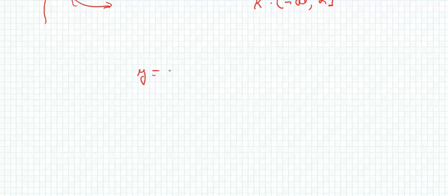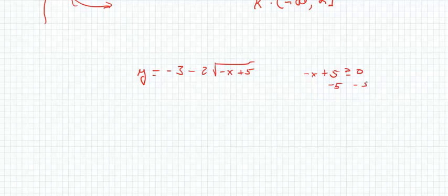Y equals negative 3 minus 2 times square root of negative x plus 5. All right, we start off with, we have negative x plus 5 is greater than or equal to 0, minus 5, negative x greater than or equal to negative 5, divide by negative 1.